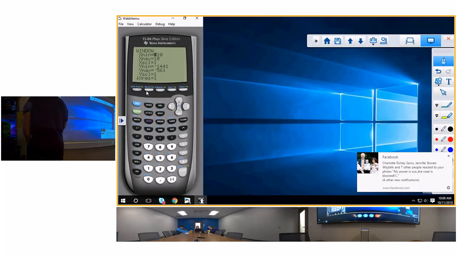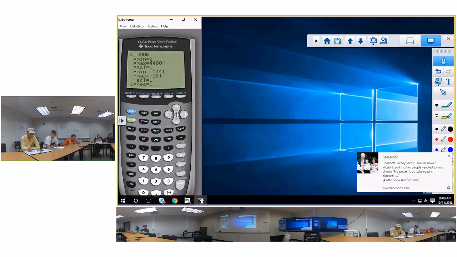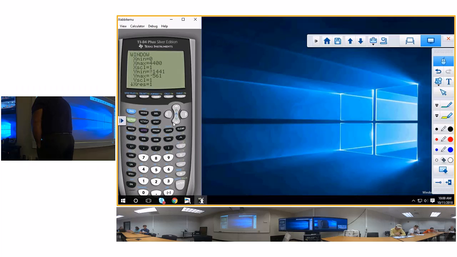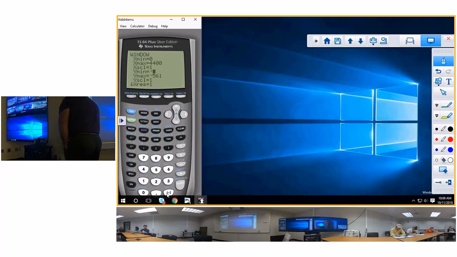Again, we only care about the first quadrant, but I'm going to put 0 and then 4400. And then I'm going to type Y min negative 100 just so we can see below the x-axis.